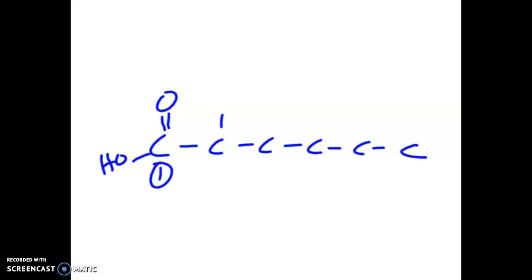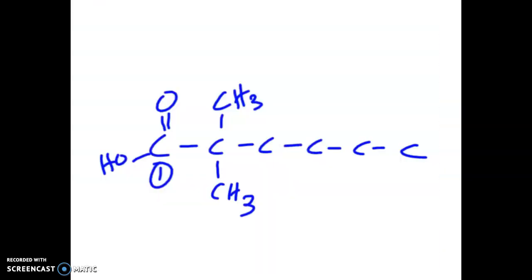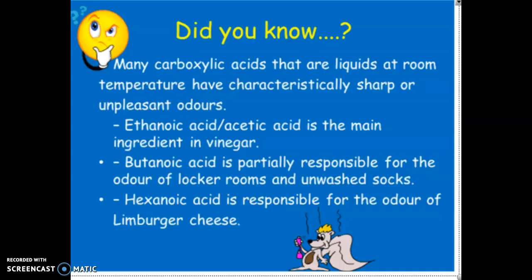So carbon 2 has 2 methyl groups, and carbon 5, I believe, let me just double check, carbon 5. So we have 1, 2, 3, 4, 5. And of course, we fill in our hydrogens. Okay, so hopefully you are on the right track with this.